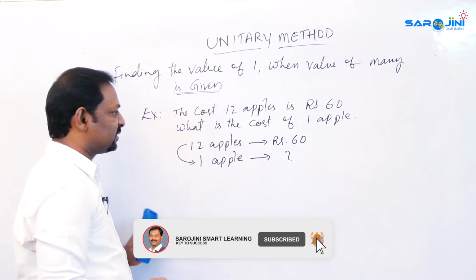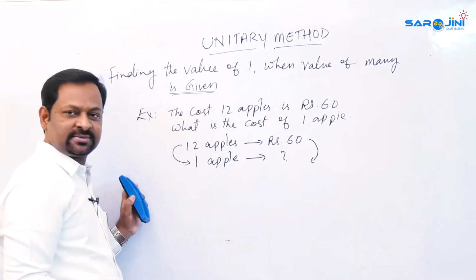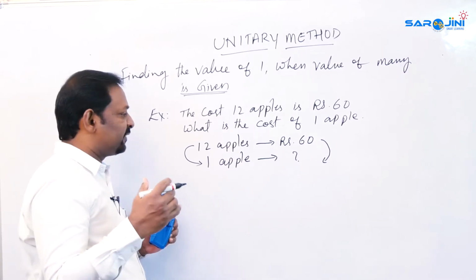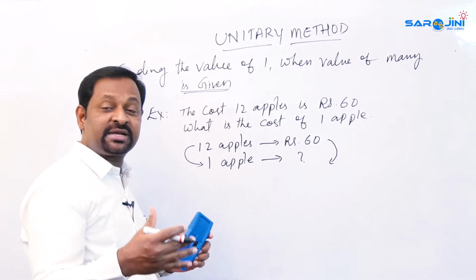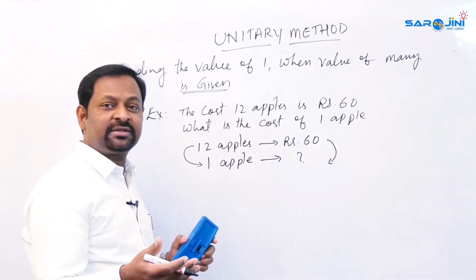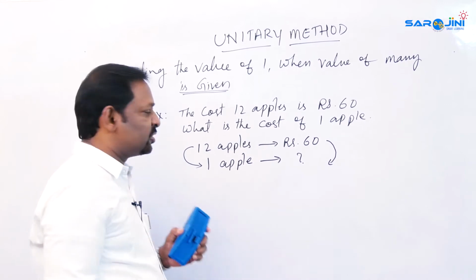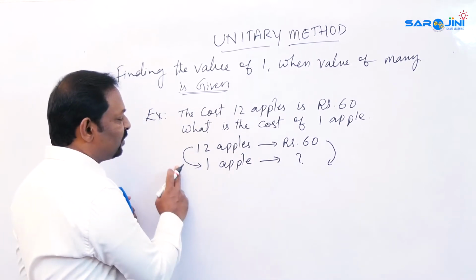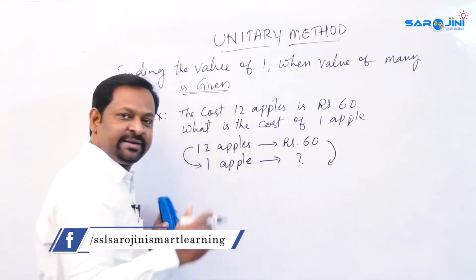Similarly, the amount also will decrease. If the number of apples is increasing, definitely the cost of the apples also will increase, isn't it? So now here 12 is becoming 1, that is, it is decreasing, so definitely the amount also will decrease.